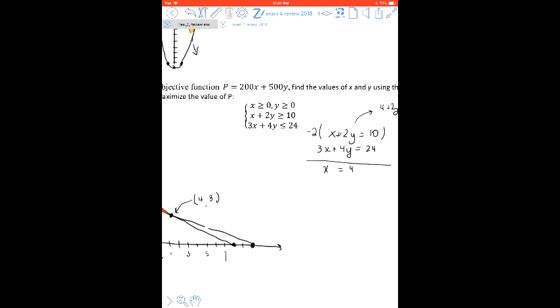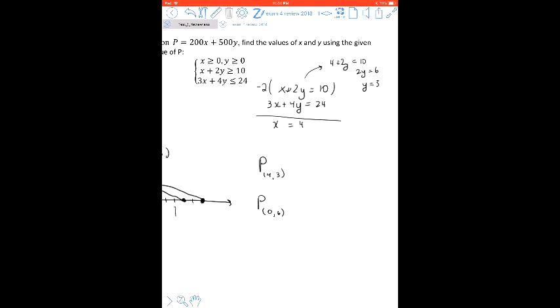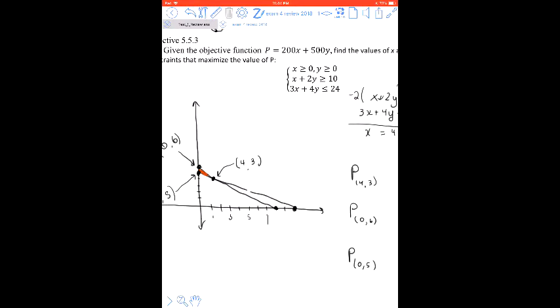So finding the value of p for each of those points, I need the value of p at the point 4, 3, I need the value of p at the point 0, 6, and I need the value of p at the point 0, 5. Those 3 points represent the corners or the boundaries of that feasible region there.